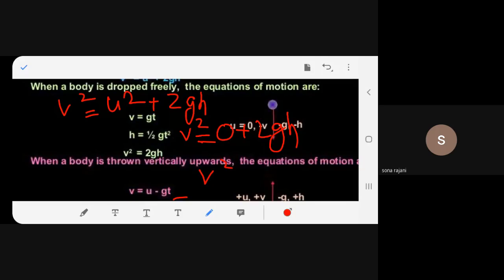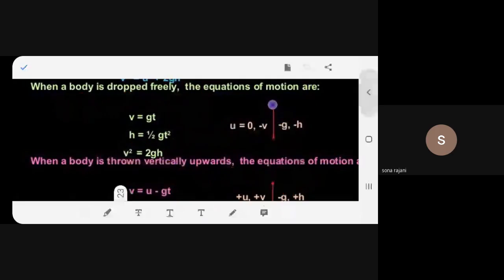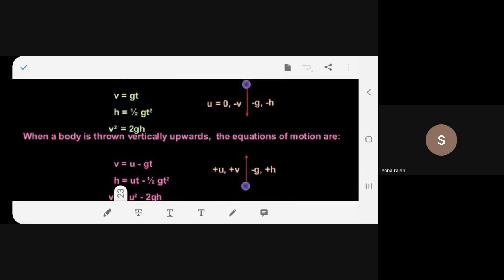So v square is equal to 2gh. This is what we got. So I hope now you know how we derived all the equations pertaining to gravitation. Remember that. So we are working on gravitation now and not on acceleration. So you have to be very clear about it. Okay. Let's start with the third factor, beta.